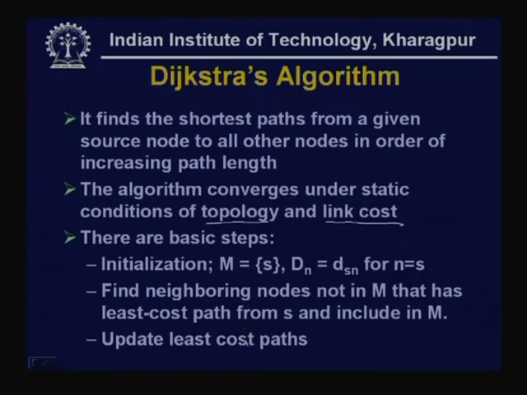And it has 3 steps, starting with initialization. First, it creates an initial set M starting with the source node, and also a cost Dn, which is essentially the distance based on the link cost from the source node to a particular node n, for all nodes where n is not the source node s. Then it finds the neighboring node not in M that has the least cost path from s and includes it in M. In this way, in an iterative manner, it will choose a particular node, include it in M, and update the least cost paths.